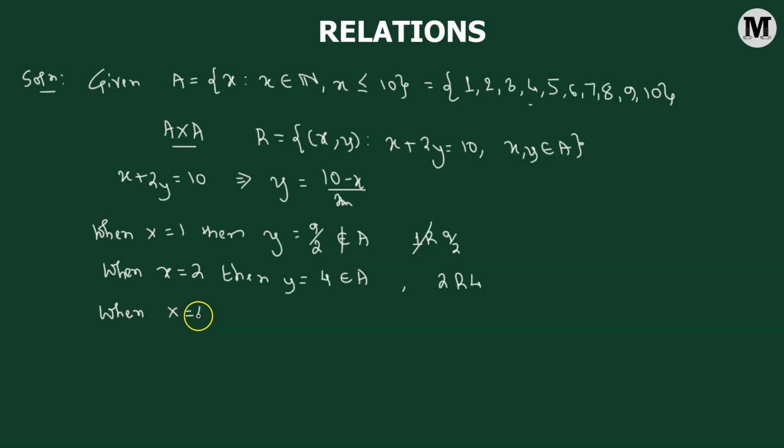When we choose x equal to 4, we get y equal to 10 minus 4, that will be 6, and 6 divided by 2 will be 3.